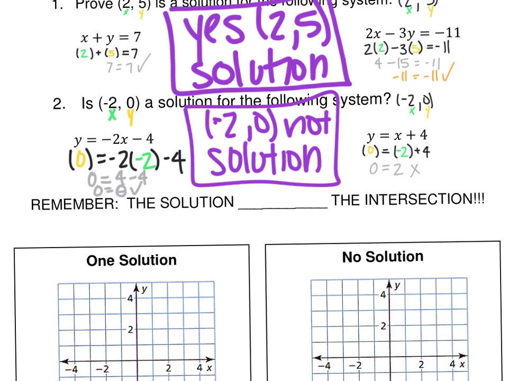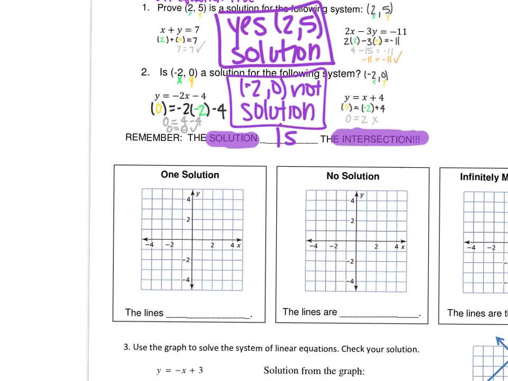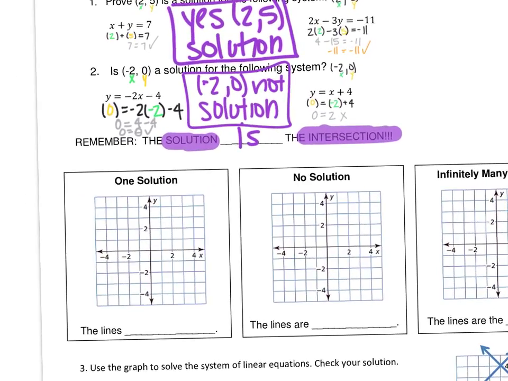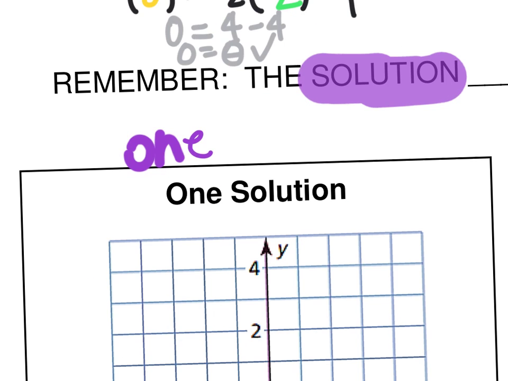So most of the time we can actually solve these by graphing, which is so much easier. What you need to remember if you're solving by graphing is that the solution is the intersection. So if I have a system of equations with one solution, that means I have one intersection.